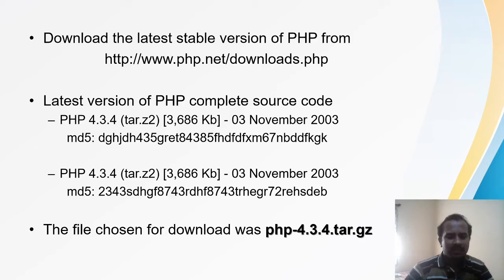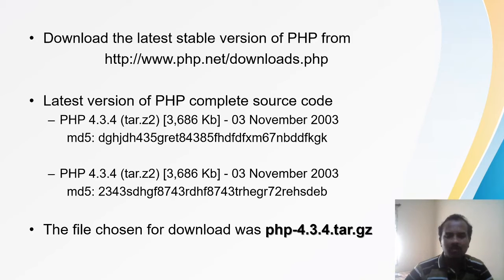Now let us come to the installation. You have to download the latest version of PHP from www.php.net/downloads.php. There are many dynamic and static versions available, but make sure that you install either the static version or the dynamic version.